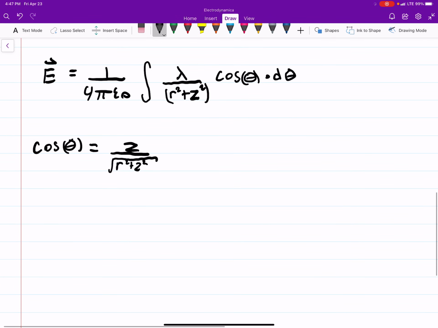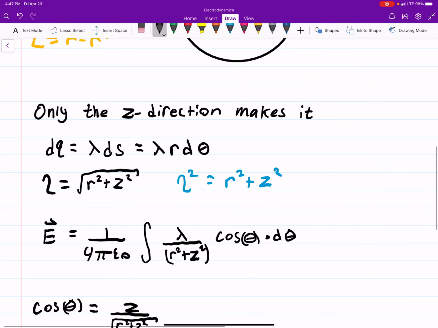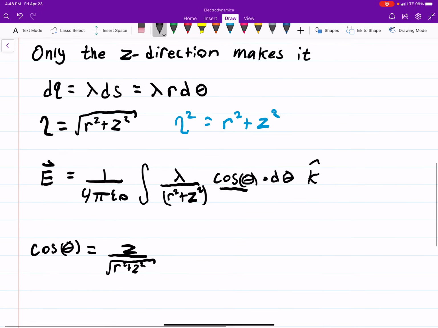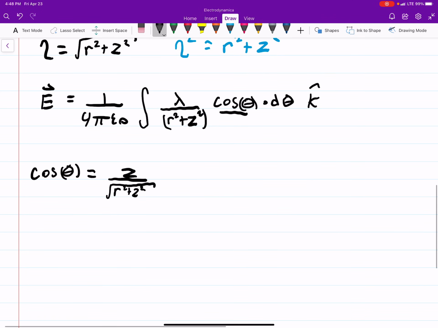And then we can just plug that in. So again, multiplying by the cosine theta is just basically turning our E field into just the k hat direction. That's what's happening when we're multiplying by cosine theta. And then we're going to replace cosine theta with that. And then our bounds of integration will be 0 to 2 pi r. In other words, the entire circumference.